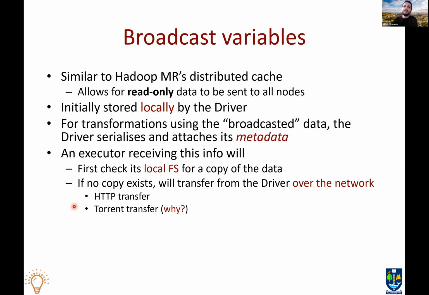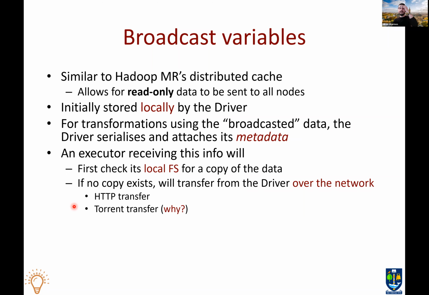But then they will register themselves as having copies of those blocks, and other executors coming after them could, instead of copying that block from the driver, copy the block from whichever other executor has a copy of that broadcast variable.